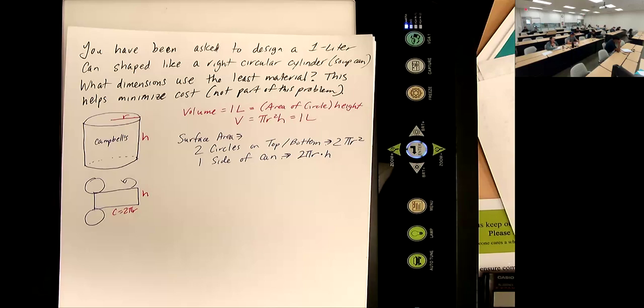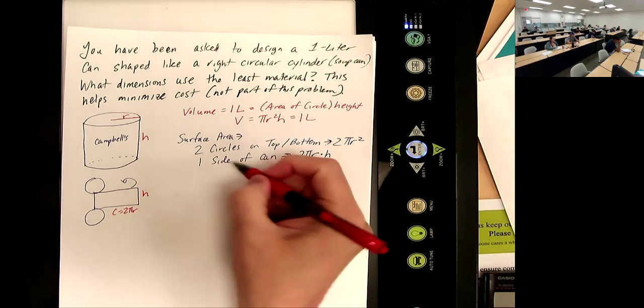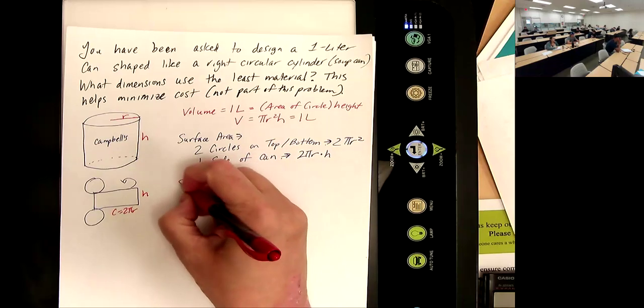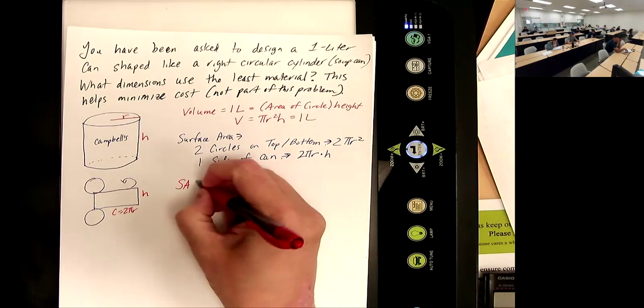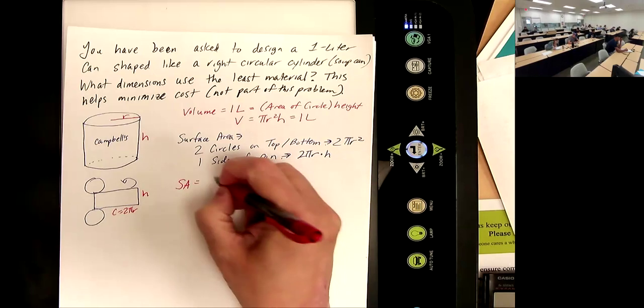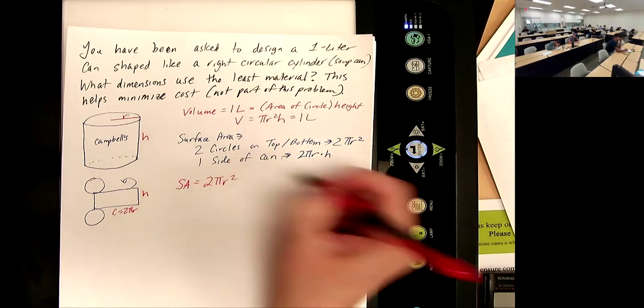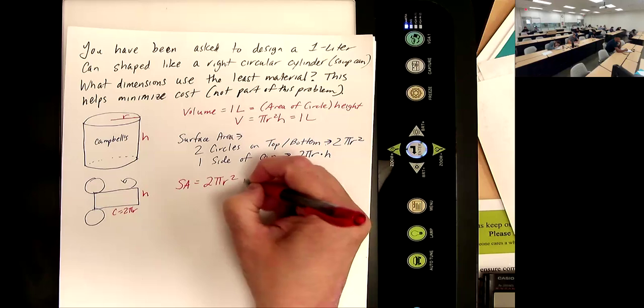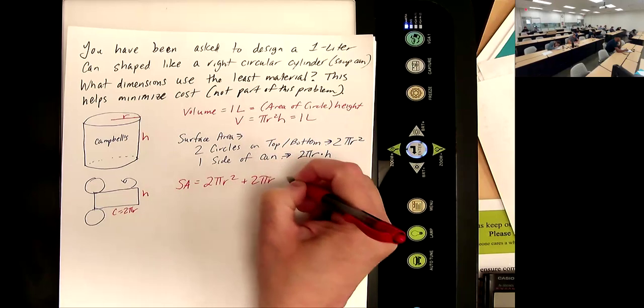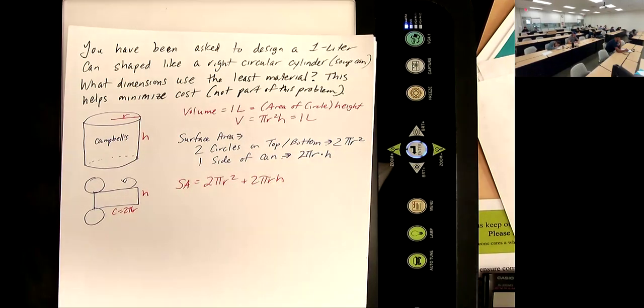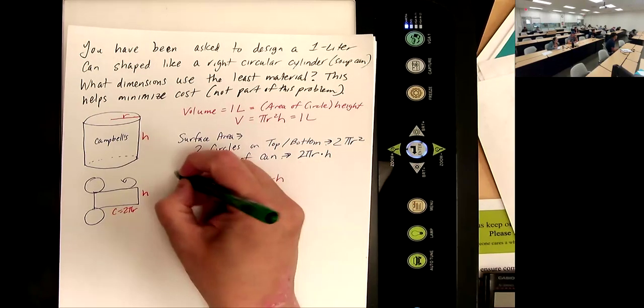So the total surface area is adding these 2 up. Surface area, I'll call that SA, is the 2 pi r squared from the top and bottom, plus the 2 pi r h from the side. And we want to minimize this.